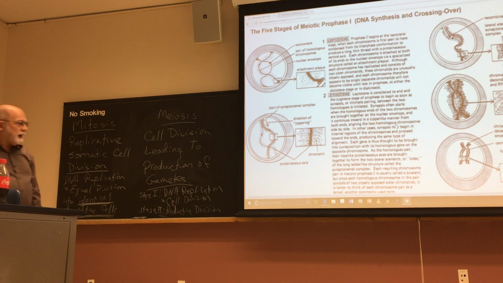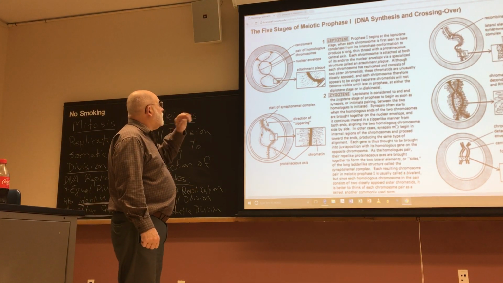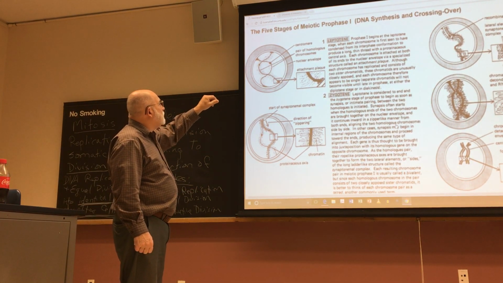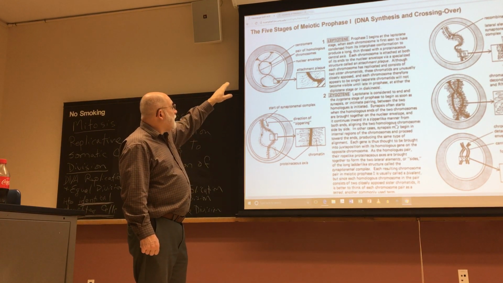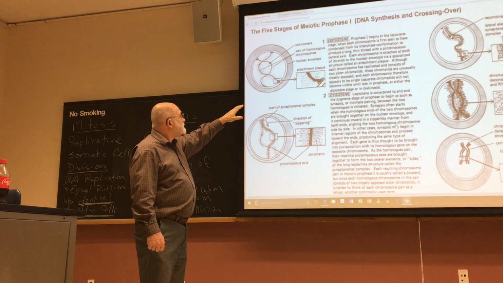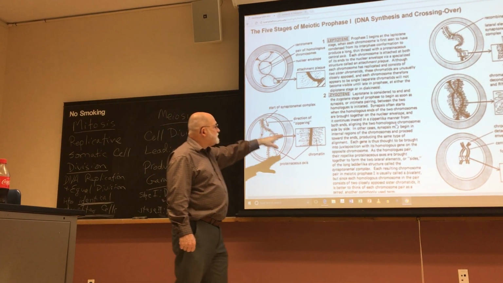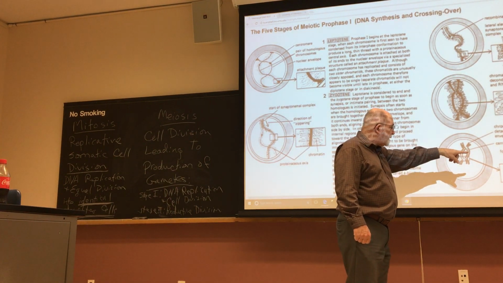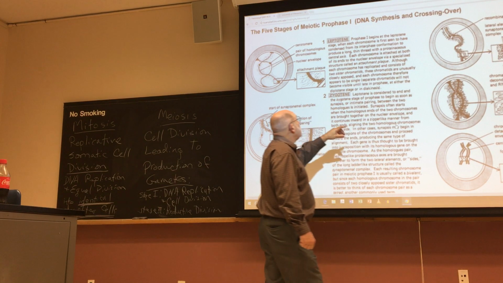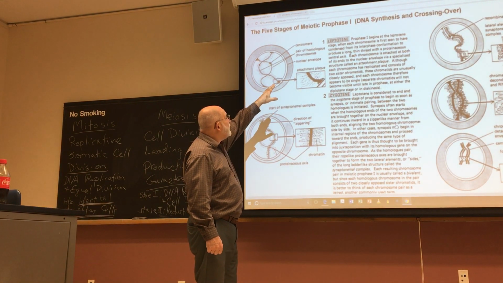Some of these next slides, I'm not going to go through in detail. What they are showing you are the various substages in meiosis. So there's a leptotene, a zygotene, a pachytene, a diplotene, and a diakinetic stage in meiosis prophase 1.